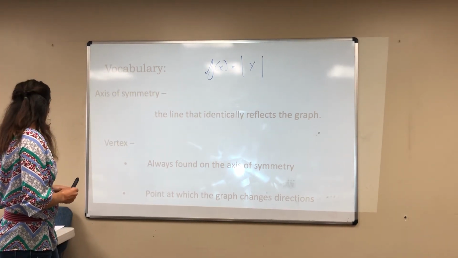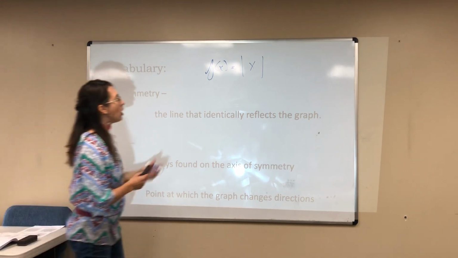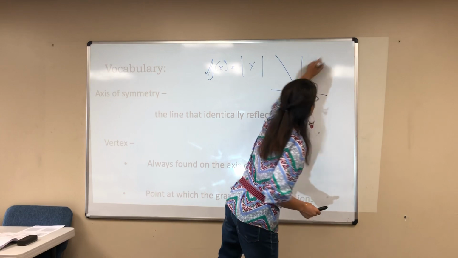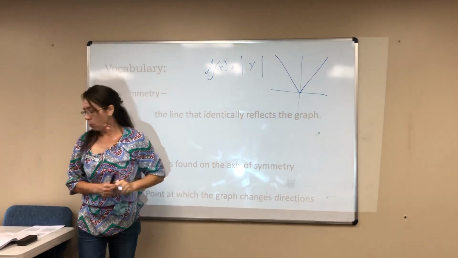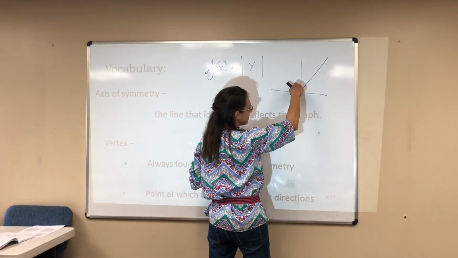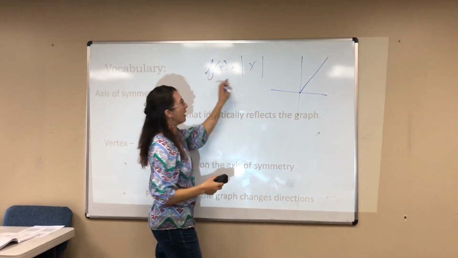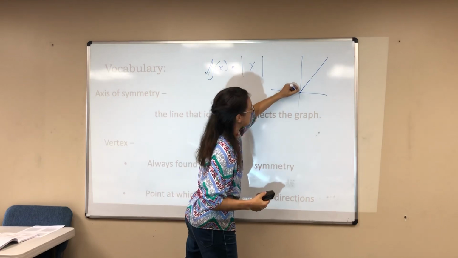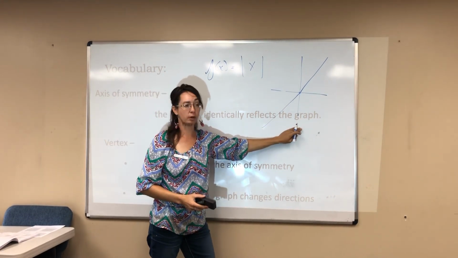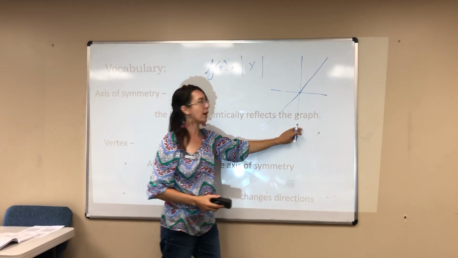So when we draw them, the graph will always look like a V. Why is that? Well, because we took this line, y equals x. We know that our parent function of y equals x looks like this. Everybody agree with me? 45-degree line, parent function, y equals x.